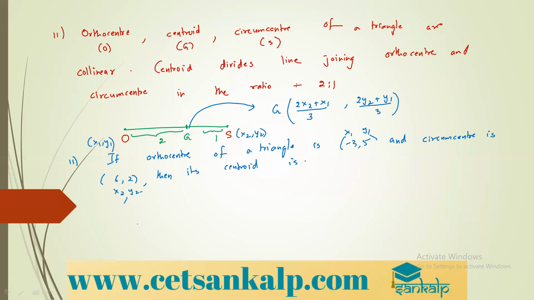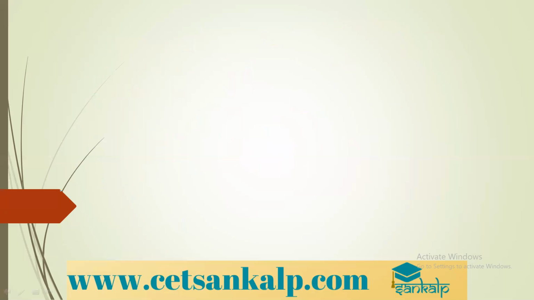As per that, the centroid can be found as (2 into 6 minus 3) by 3, (2 into 2 plus 5) by 3. In other words, we get 12 minus 3, that is 9 by 3, which is 3. 4 plus 5, 9 by 3, that is 3. In this way, we get the centroid.